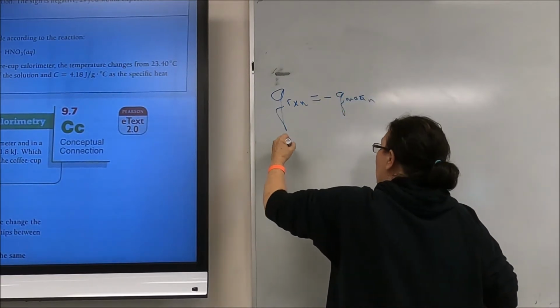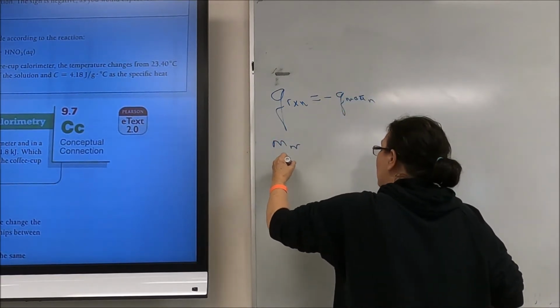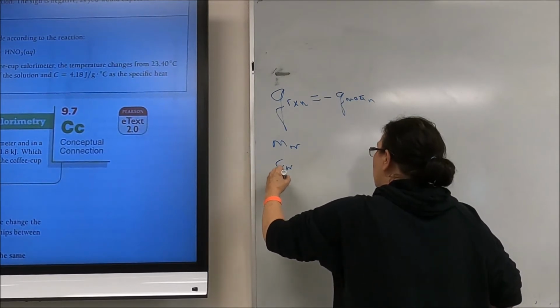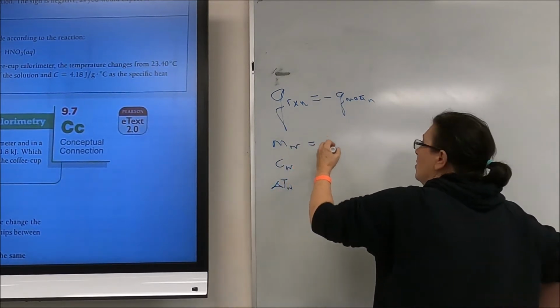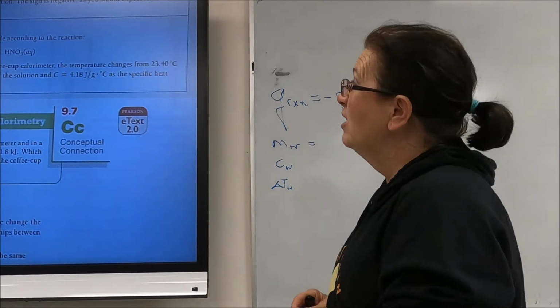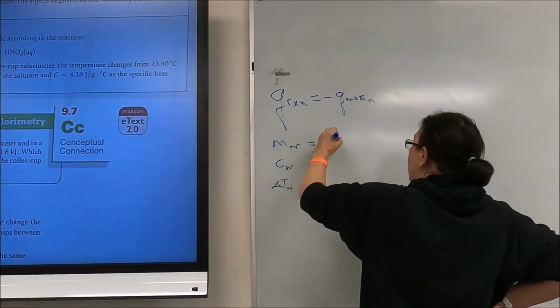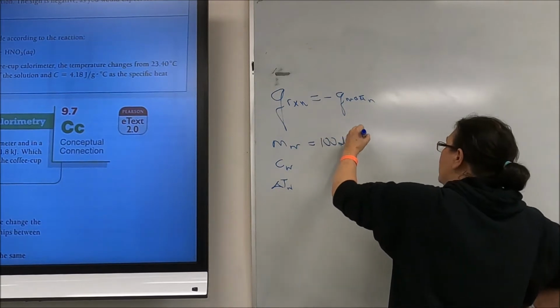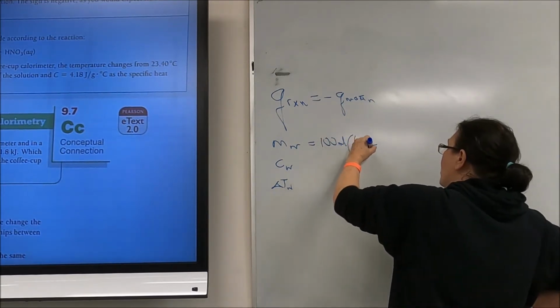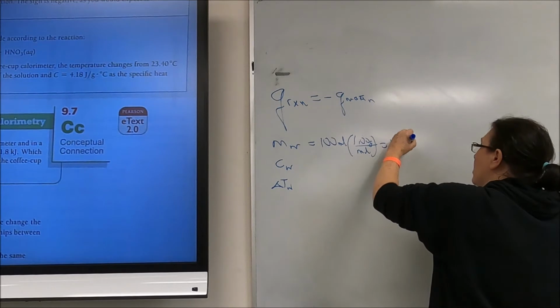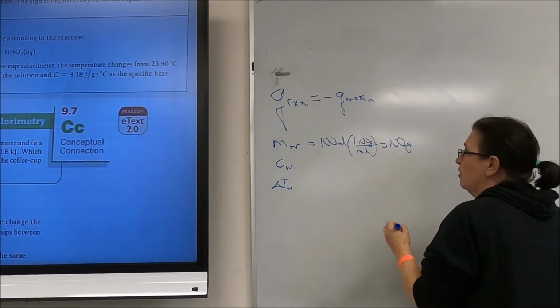So I need the mass of the water, the heat capacity of water, and the change in temperature for the water. The mass of the water, if I mix 50 milliliters and 50 milliliters together, I have 100 milliliters of solution at 1 gram per milliliter. So that's 100 grams of solution.